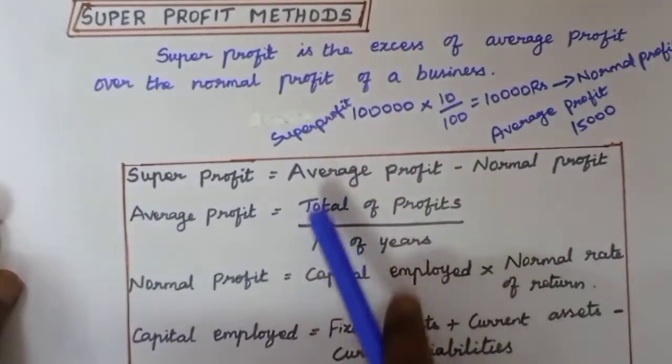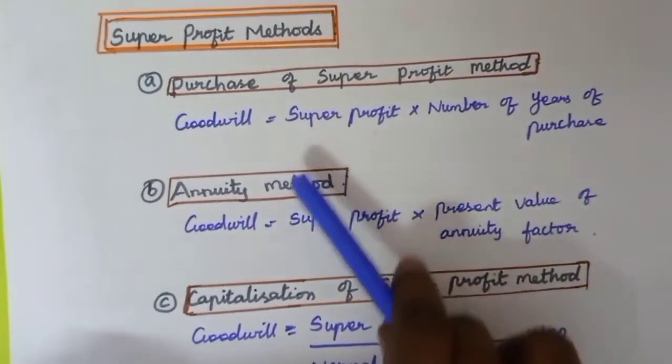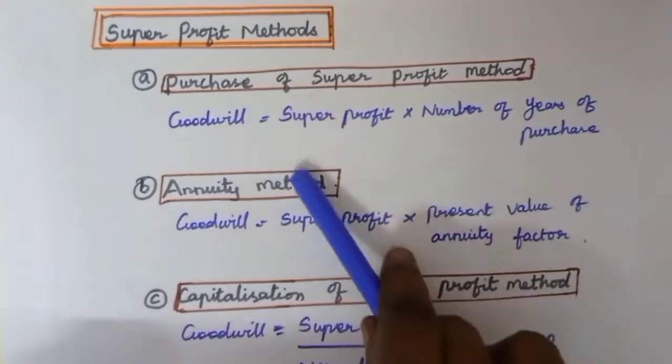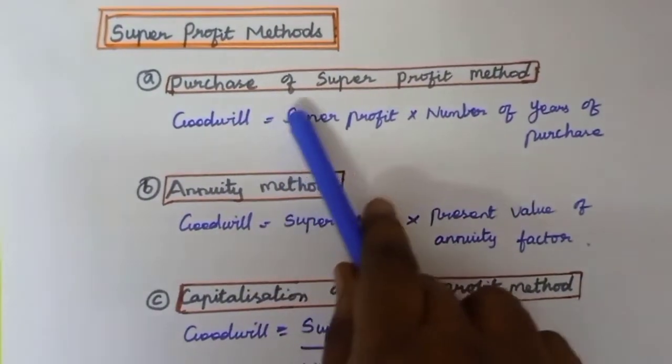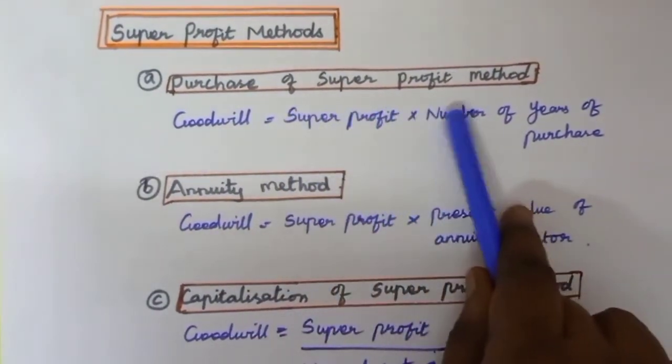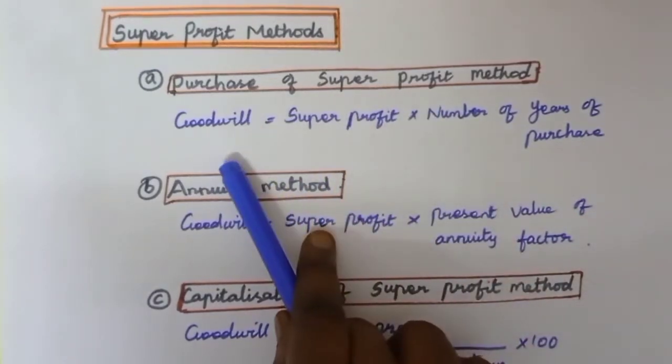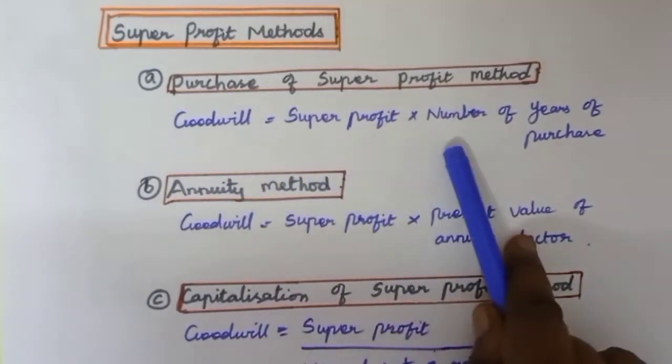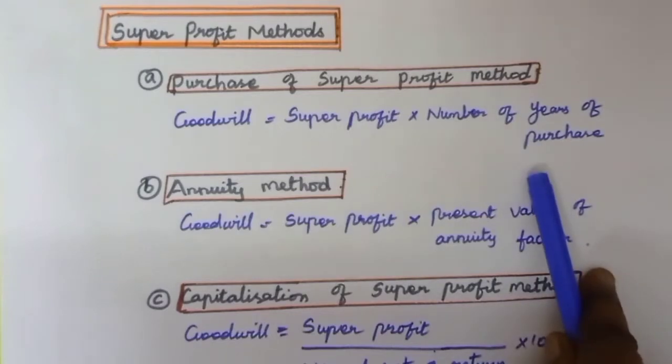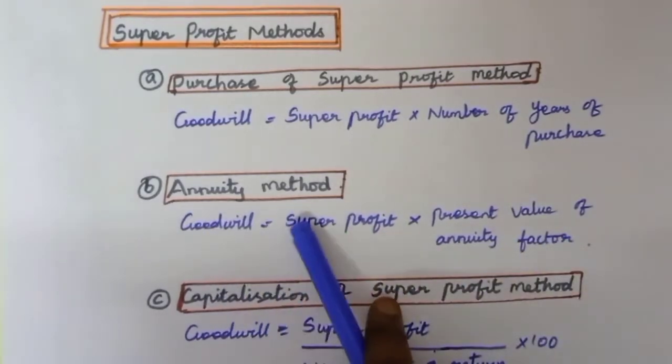Super profit is the basis for calculation of the value of goodwill. There are three methods. First method, purchase of super profit method. Under this method, goodwill is equal to super profit into number of years of purchase. Next method, annuity method.